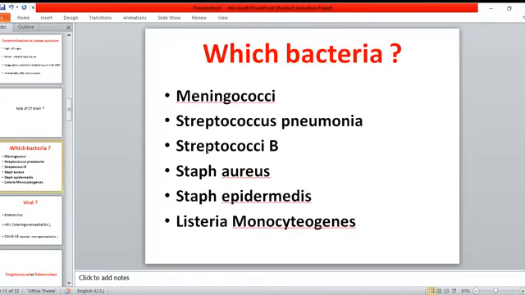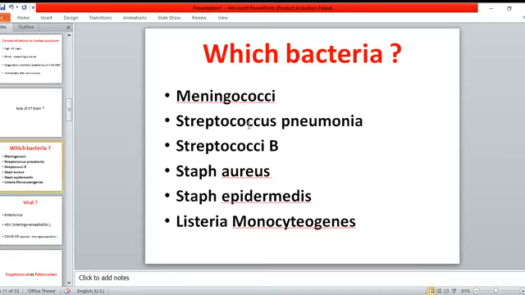Of course, when you see the scenario of a meningitis, and it's clear from the CSF it is bacterial, so a high protein and low glucose, and the cellular pattern is of polymorphonuclear or neutrophilic cells, so it's a bacterial meningitis.